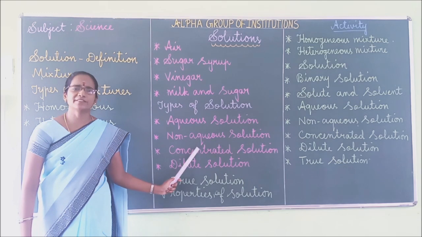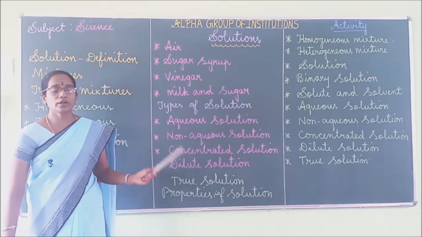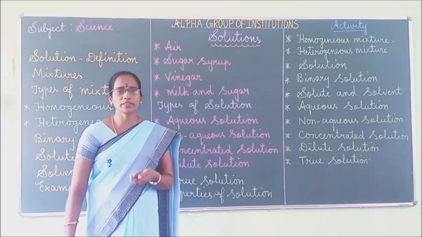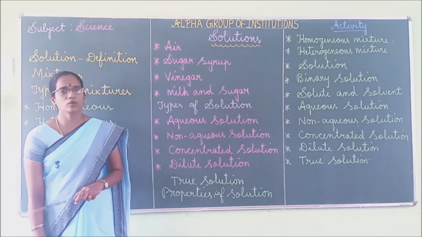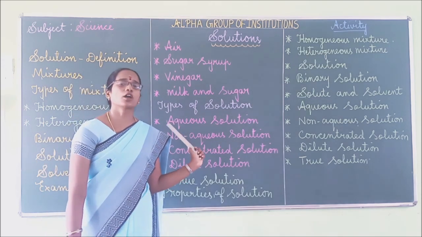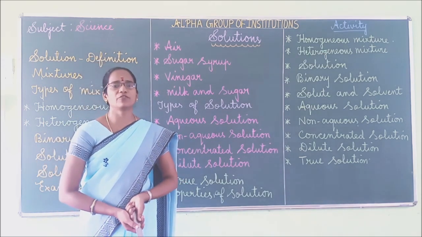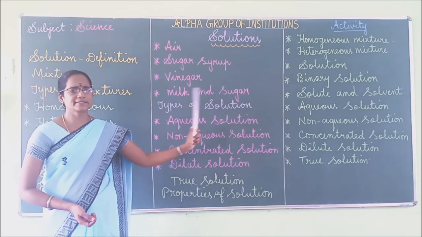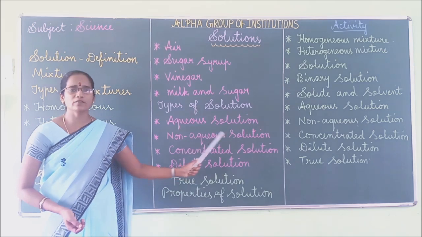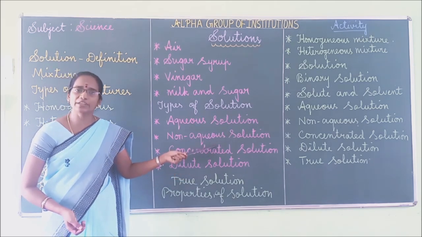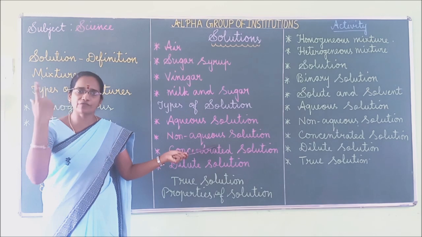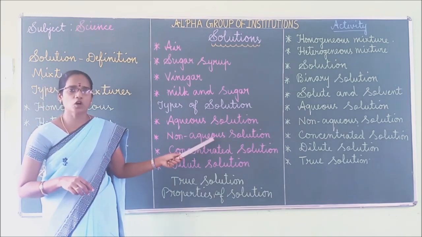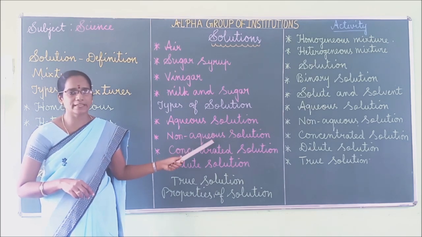For example, acetone dissolved in oil, ethyl alcohol dissolved in oil. Ethyl alcohol dissolves both in water as well as in oil. And then sulfur dissolved in carbon disulfide, iodine dissolved in alcohol. All these we can give as examples for non-aqueous solution. Here we are not using water as the solvent. Instead of water, other substances are used for dissolving, for mixing purposes.